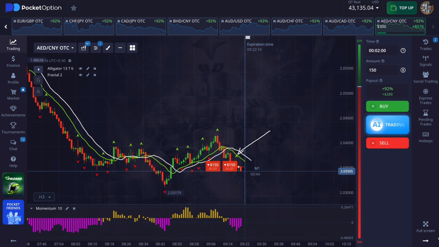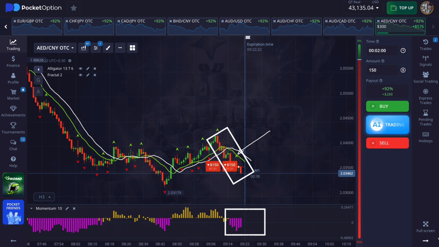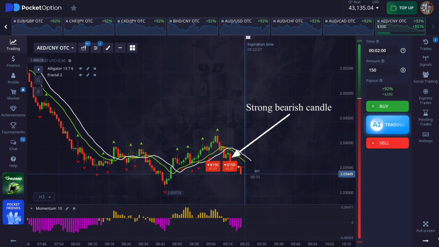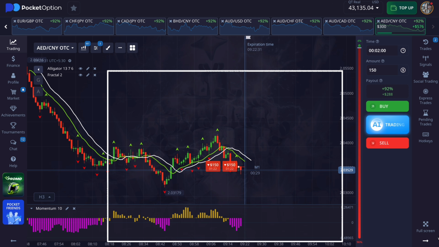At the same time, the momentum indicator is supporting the bearish side as well. The bars are showing weakness, which suggests that downward pressure is still present in the market. Then, the next candle reaction is also supporting the same direction. So, in this setup, I am mainly focusing on market weakness, the direction of the alligator lines, fractal behavior, and momentum pressure.